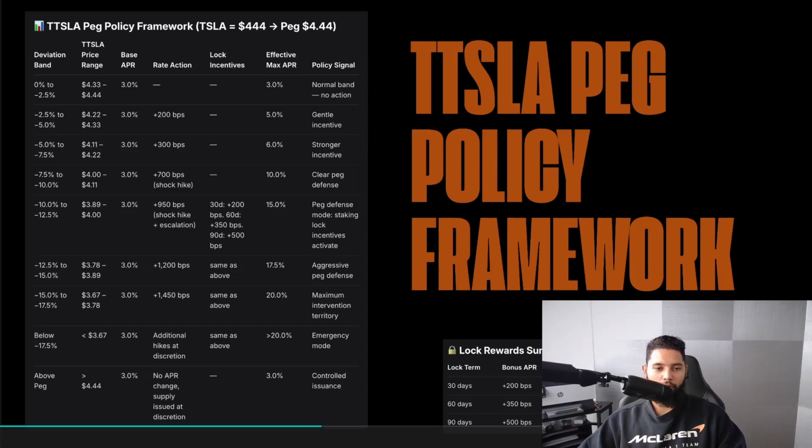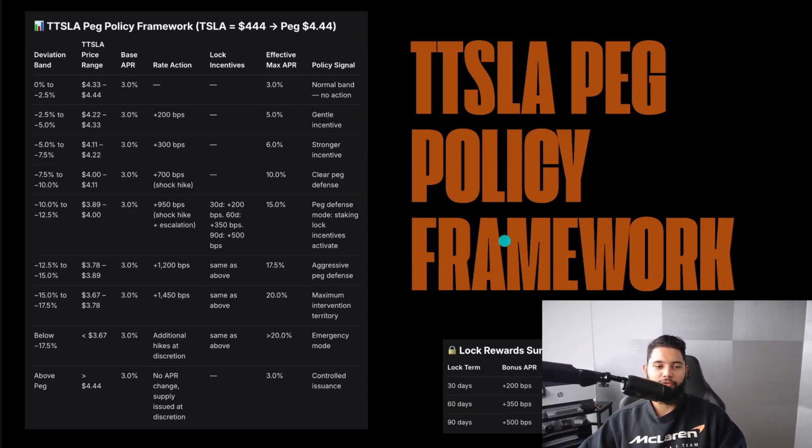So the lock rewards only activate if it deviates more than 10% to the downside for an extended period of time. So if it continues to deviate, let's say it goes between 12.5% to 15% below the peg. So again, we're still assuming Tesla's at like $440. If TTSLA is trading at, say, $3.78, the rate hike from the base APR is 1,200 basis points, which means that the total yield is now 17.5%.